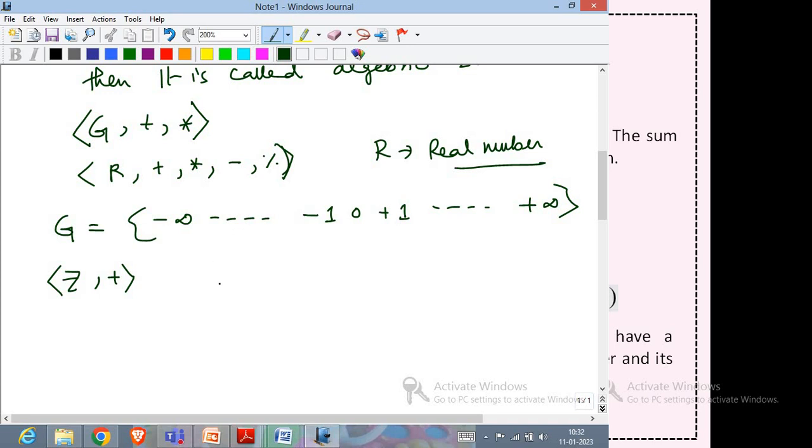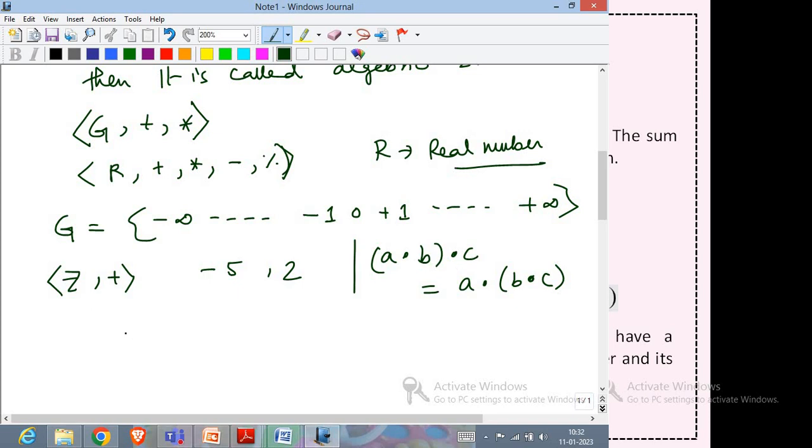For example, we take any elements from the set. So we take maybe minus 5 and 2. Now the rule, as per the formula, is A dot B dot C is equal to A dot B dot C. Now this dot will be replaced by plus in our case.